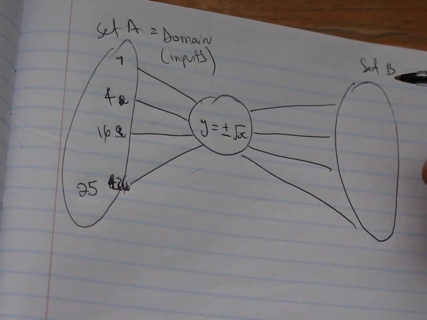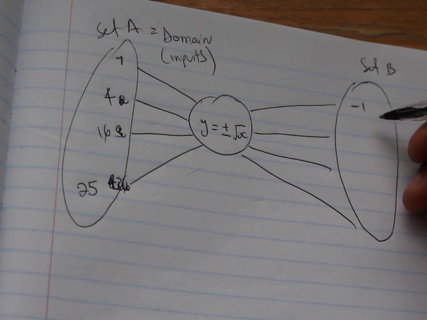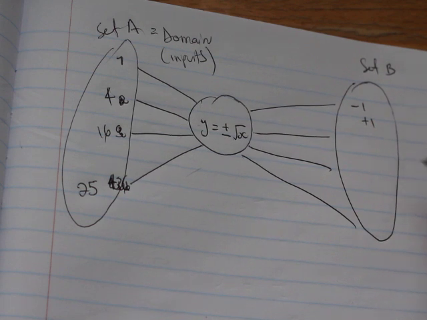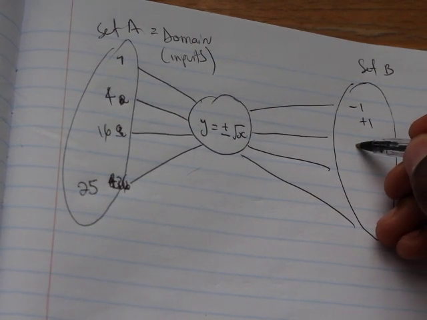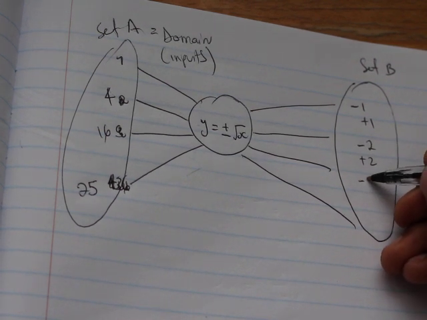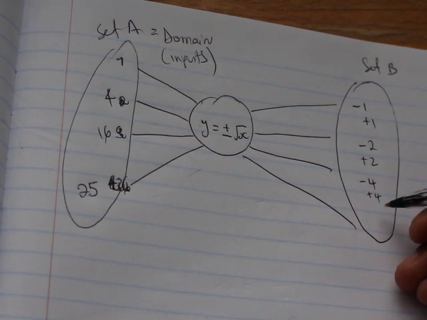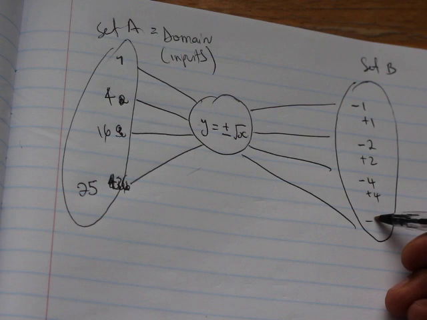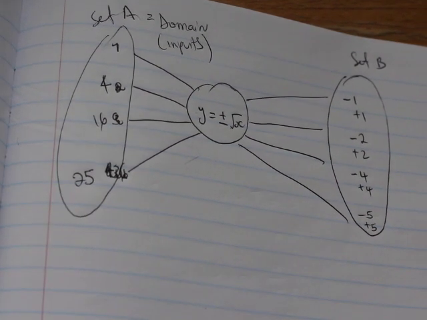Right, so we've got minus 1 here, and then we also got plus 1. We've got minus 2, plus 2, minus 4, plus 4, and then minus 5, plus 5.